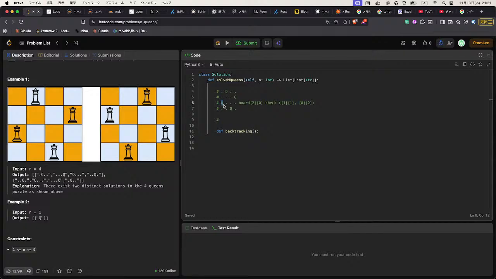And for here we have two rows, so the number of rows to check increases one by one.